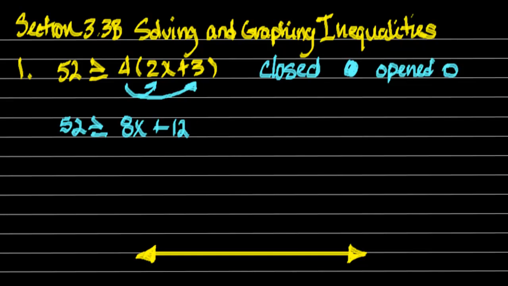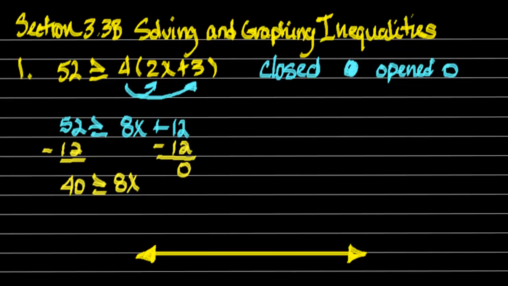We have a constant of a positive 12, so we're going to do the inverse to the 12, make it a negative 12, so that goes to 0. We've done it here. We have to do it to the other side to keep our balance. Remember, that's another form of adding 0 to our equation. So 52 add a negative 12 will give me 40. So 40 is greater than or equal to 8x.